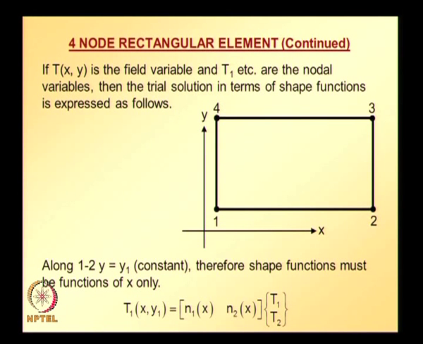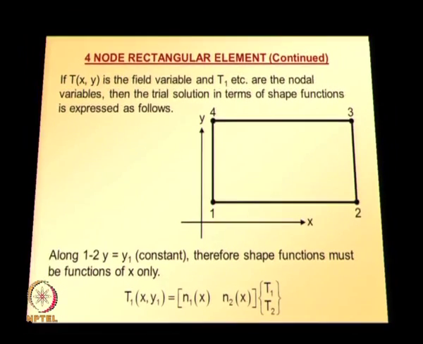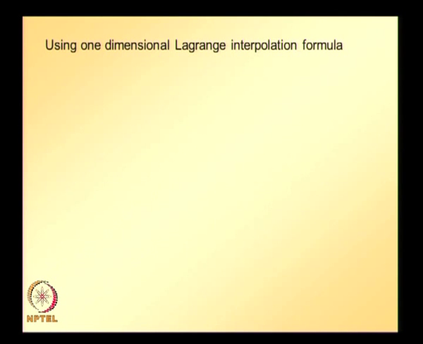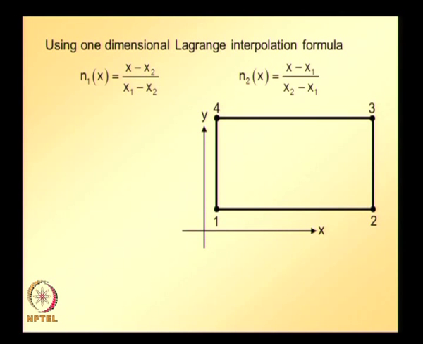And from the knowledge of 1-dimensional elements we already know how to get n1 and n2. Using one dimensional Lagrange interpolation formula, we know n1 is equal to this, n2 is equal to the quantity that is given there. So, we know how the field variable is varying along 1 2.